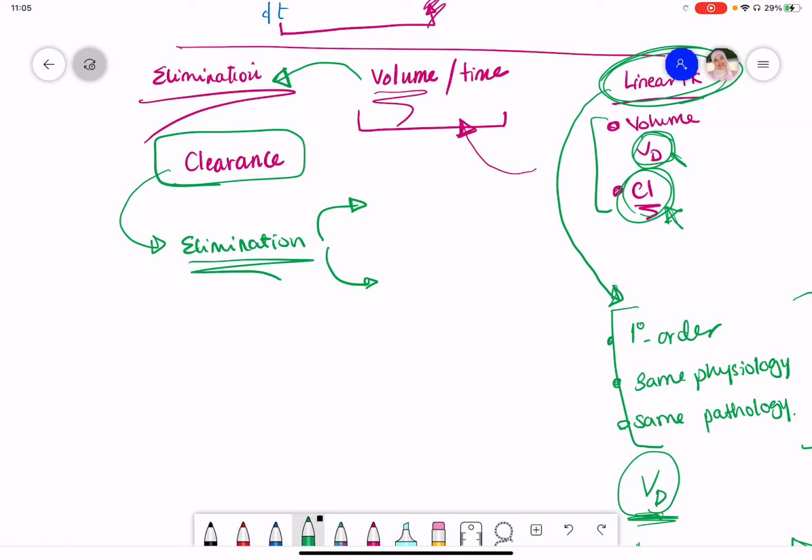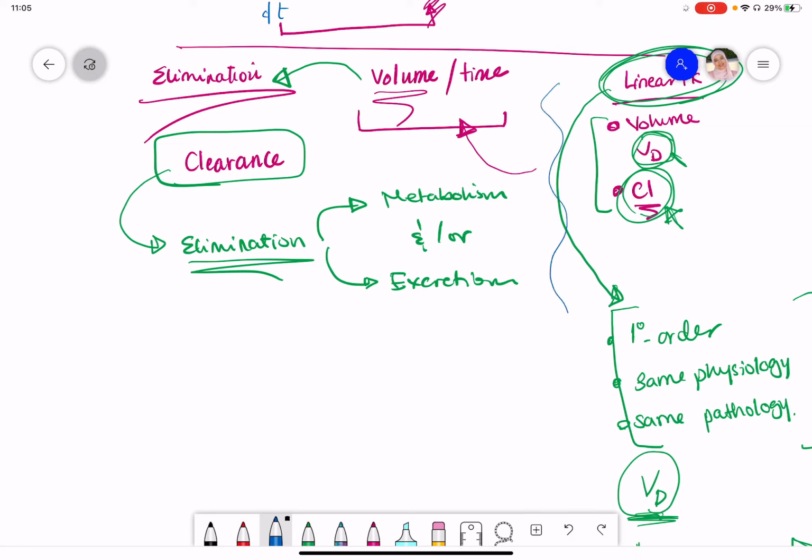It's elimination, so it could be related to metabolism or excretion, or both. It is a measurement or description of the elimination of the drug from the body, regardless of the mechanism of the process that is happening in this elimination.